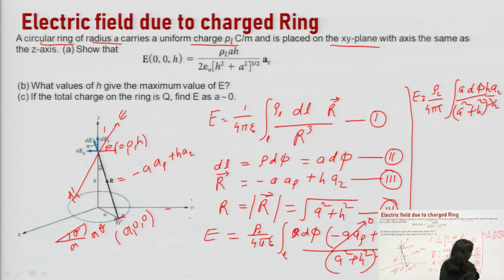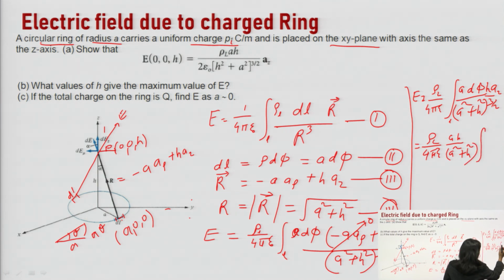Now A is also a constant quantity, h is also a constant quantity. We will take them outside and we will integrate only d phi. So all the quantities will be out: rho L by 4 pi epsilon, A h by (A square plus h square), and the integration of d phi.